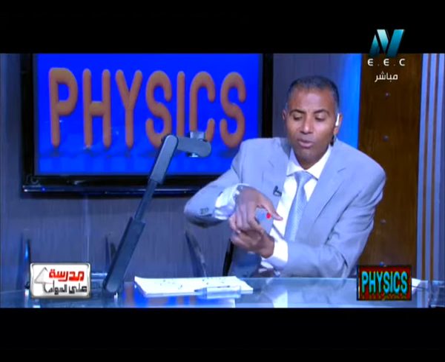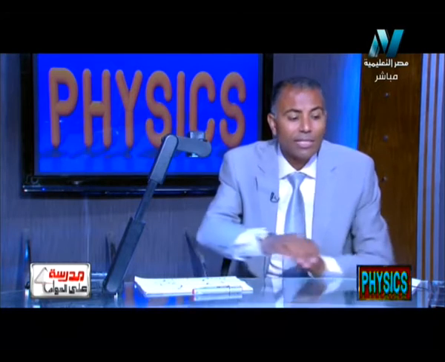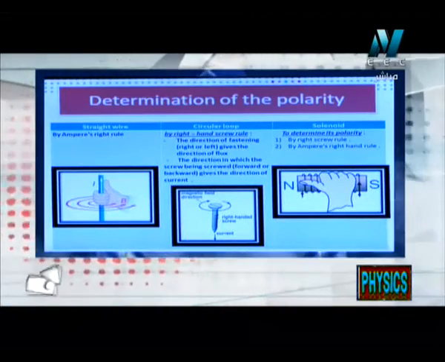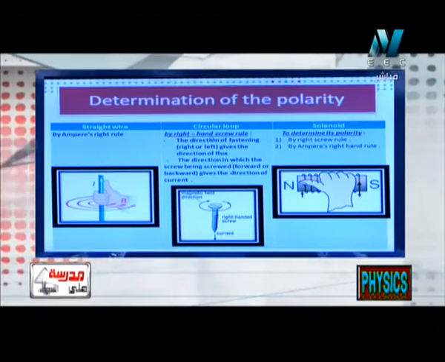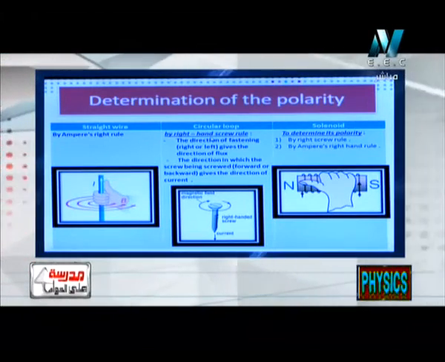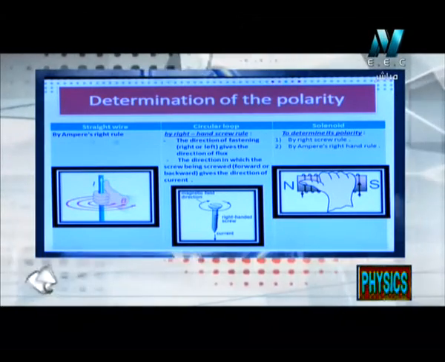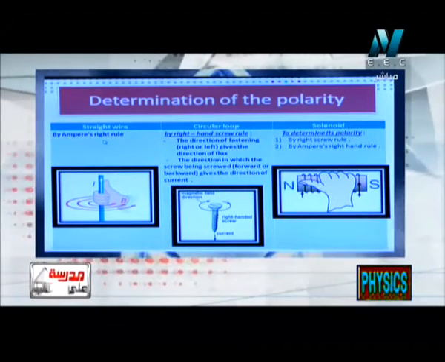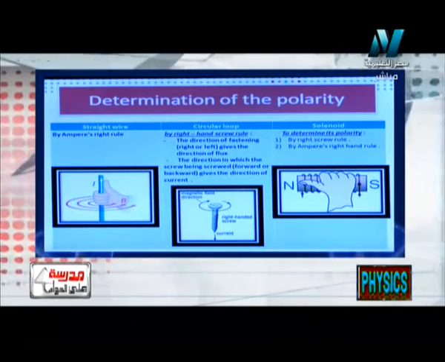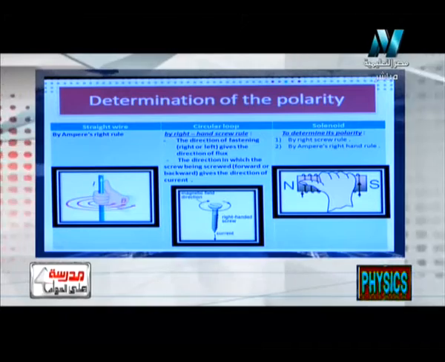For the right hand screw rule, the direction of fastening represents the direction of magnetic flux and the direction of motion represents the direction of current. So there is a similarity between the right hand screw rule, which is used to determine the polarity of a circular loop, and Ampere's right hand rule, which is used to determine the polarity of a straight wire carrying a current.